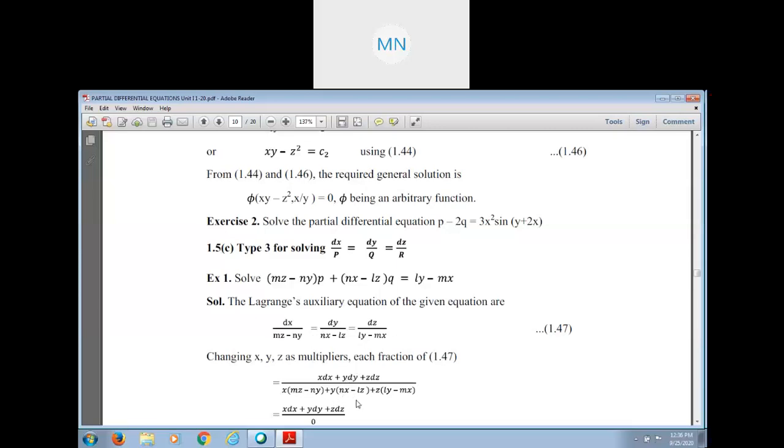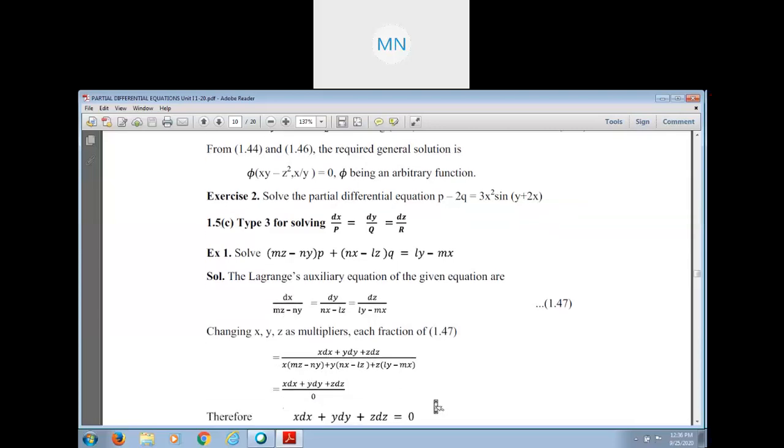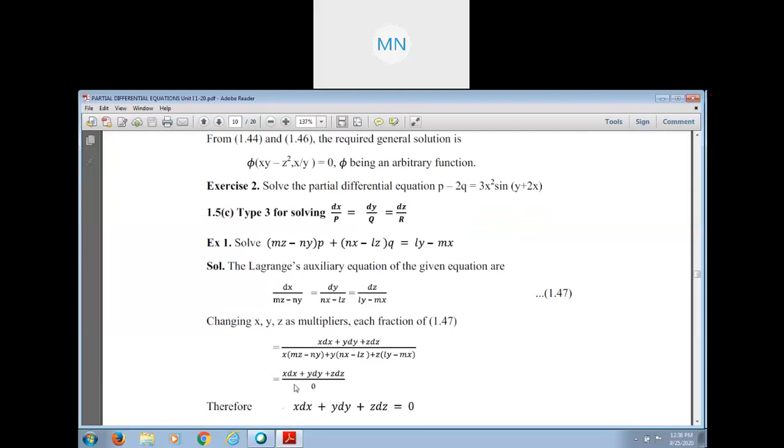Okay, first sorry, do not take the LCM; the first step is to add x dx plus y dy plus z dz to the fractions. After that, just add all of them. Then the equation will look like this: x dx plus y dy plus z dz, and the denominator will be 0.